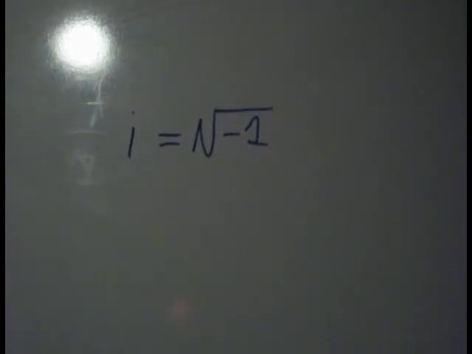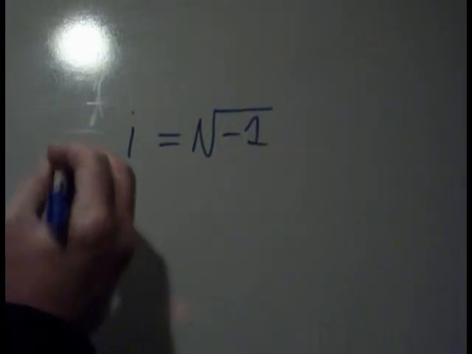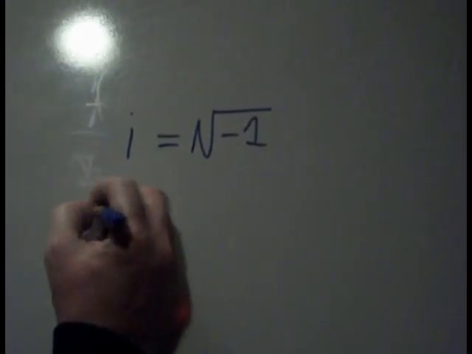You say, well, what if you take negative 1 times 1? Wouldn't that be negative 1? Well, technically, yes, but this is squared. You can't take negative 1 times negative 1 and get negative 1. See what I mean? No number times itself, I guess that's the better way to say it, is going to produce that. So that's why they came up with the letter i. i is called an imaginary unit.